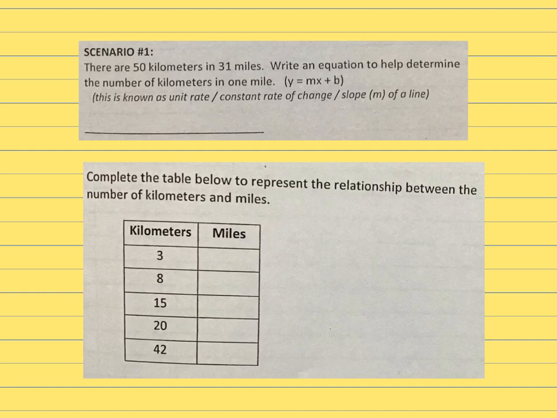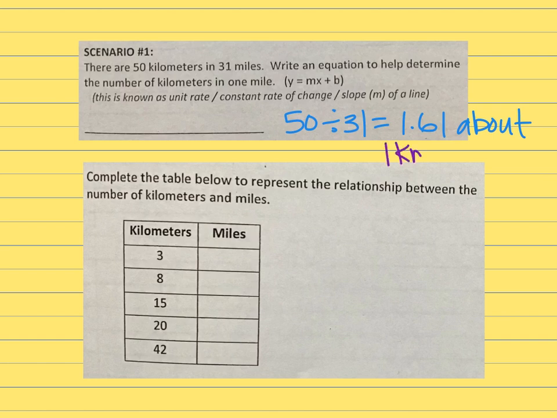If I set up a division problem, 50 divided by 31. It's not a perfect number. It goes on forever. So I'm going to round to the hundredths place. It's going to be approximately 1.61. And this is how much we're thinking 1.